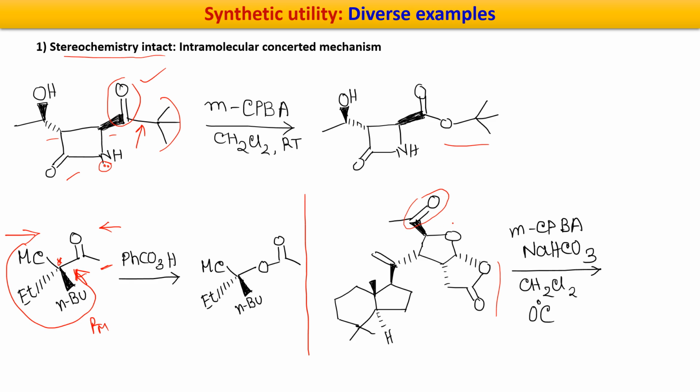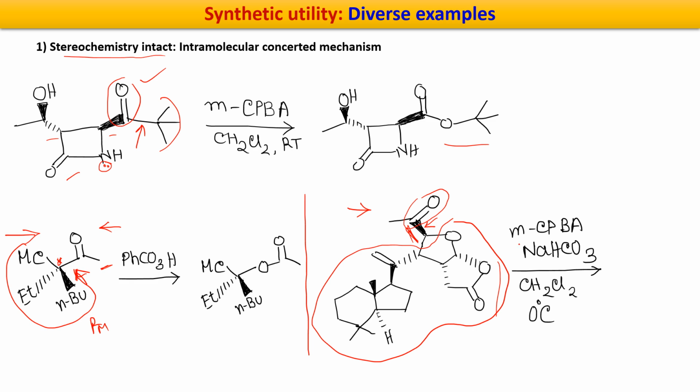So what we will do, this group we can consider as if this is a G and it will remain intact. Now this side we have a methyl group and on the other side, that group obviously will be the migrating group, right? So that is why the oxygen will be inserted between this CC bond.